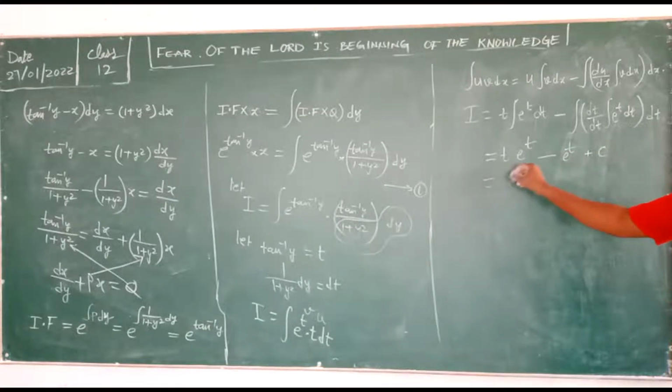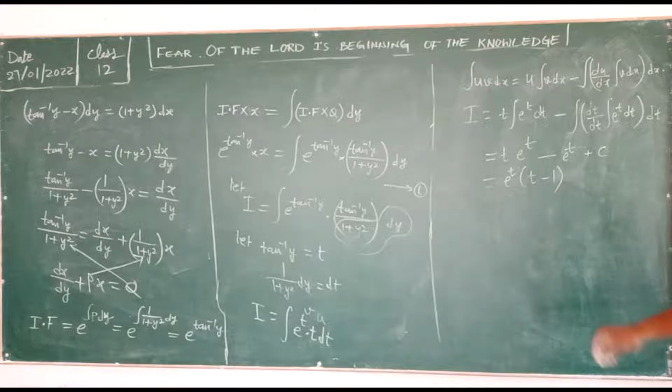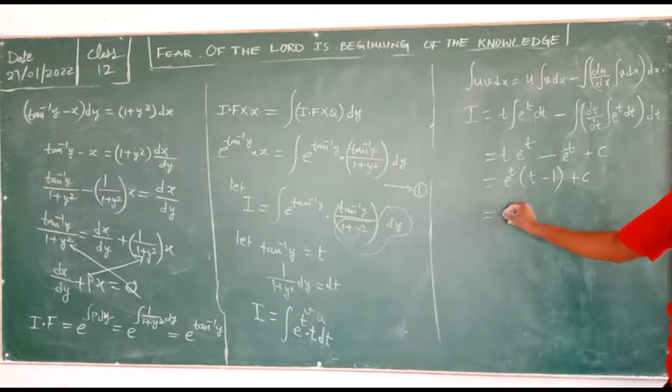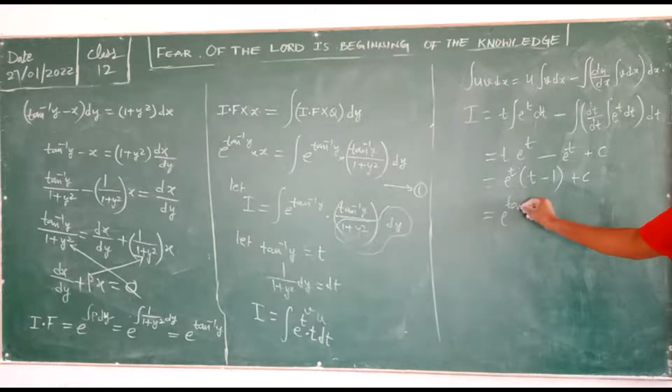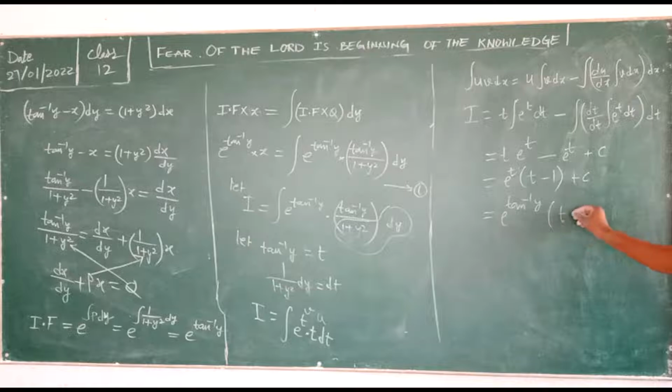Now e power t is common in both places. What you get is t minus 1. So e power t times t minus 1 plus c. What is t? It is e power tan inverse y, then tan inverse y minus 1 plus c.